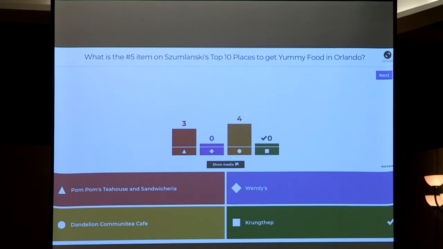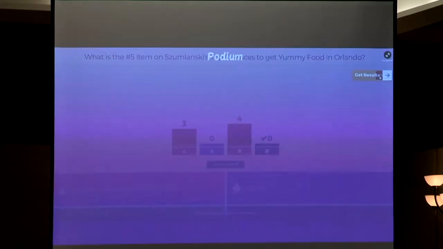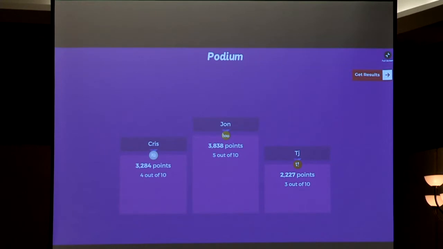Yeah. Krungthep is really good. That's the number 5. That would be my personal number 2. It's really good. They don't have a Thanksgiving sandwich, but aside from that, I think everything about them is better than pom-poms. They're just really nice. And that's the end of this Kahoot. Let's see who won. It's John. Good job, John.